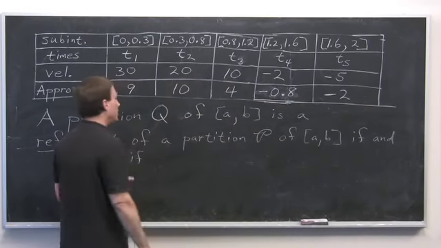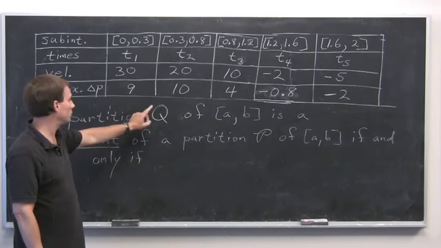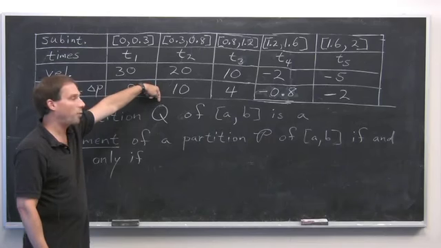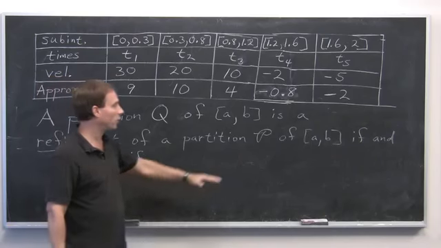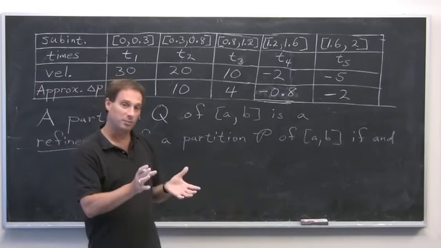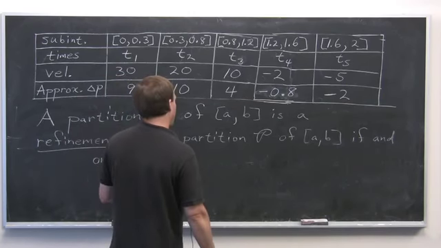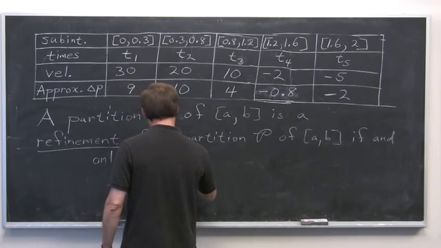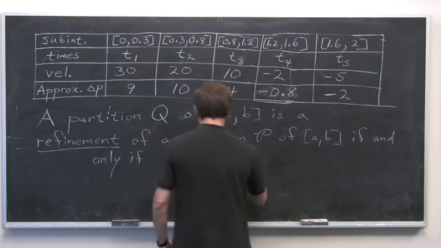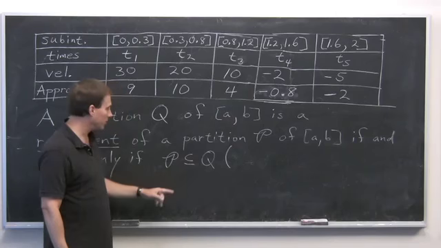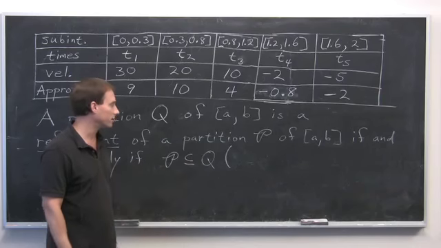What that means is subdividing the intervals just corresponds to throwing more points into your partition, more points that are endpoints of intervals. You need all the old ones so that you really are subdividing your old intervals, but then you throw in some new ones. Mathematically, all this means is that P is a subset of Q. This is subset notation, and one set being a subset of another just means everything that's in here is in here.